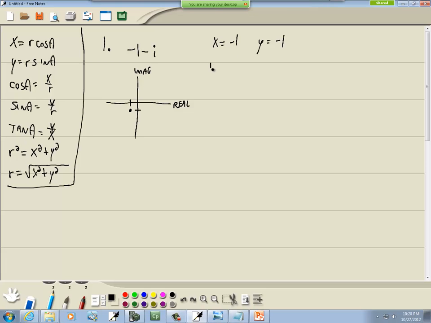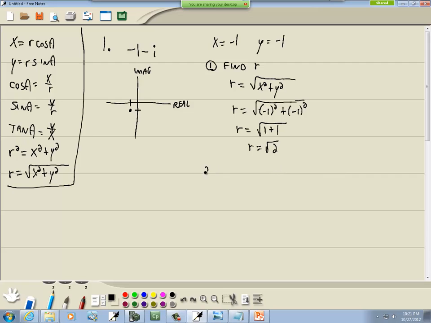First, we need to find r. r is equal to the square root of x squared plus y squared. So we have -1 squared plus -1 squared, which gives us 1 plus 1, which gives us the square root of 2.